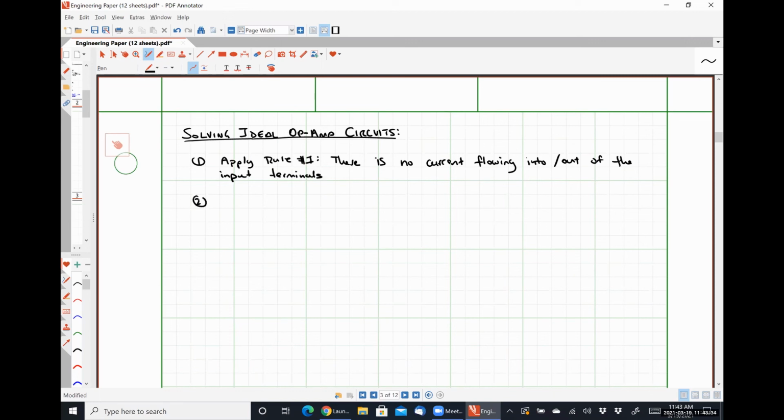Step 2 is apply rule number 2. V plus is equal to V minus, just using a shorthand notation here.